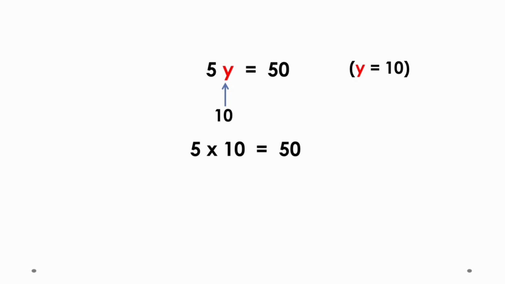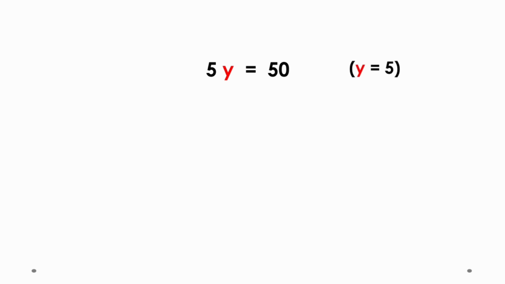After solving, we see that 5 into 10 is equal to 50. It makes the left-hand side equal to right-hand side. Now let's see if the given value of y was any number other than 10, what would happen? Let the number be 5 this time.